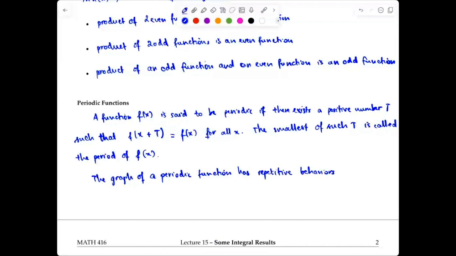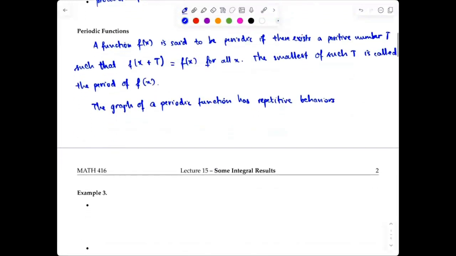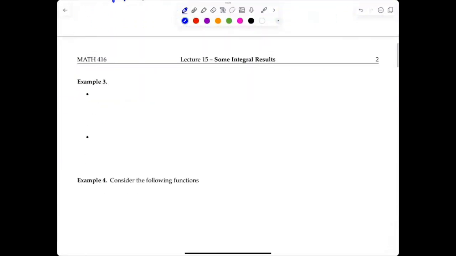Okay. So we know, again, that the cosine function is not only an even function but also a periodic function of period 2 pi. The sine function is an odd function but also a periodic function with period 2 pi. Now I want to write the example. So sine of x and cosine of x are periodic functions with period 2 pi.